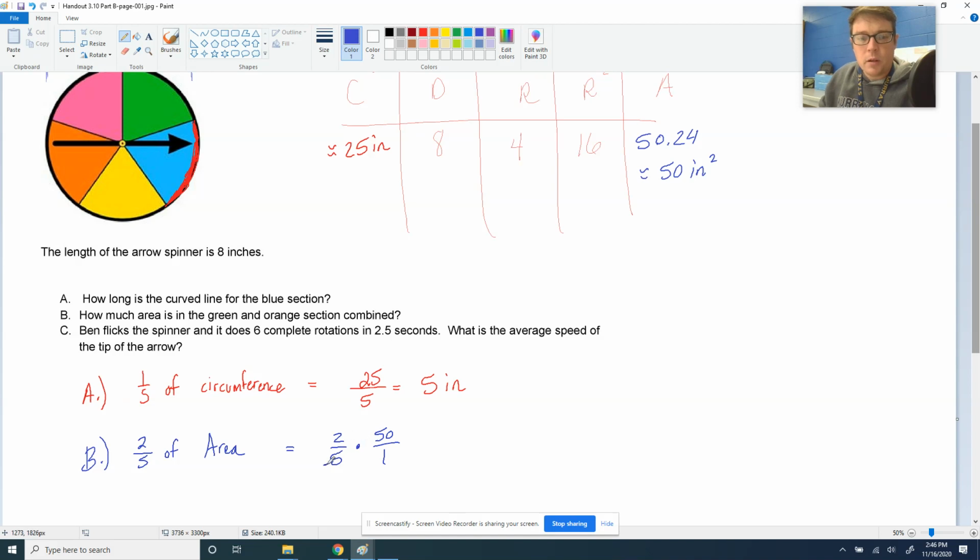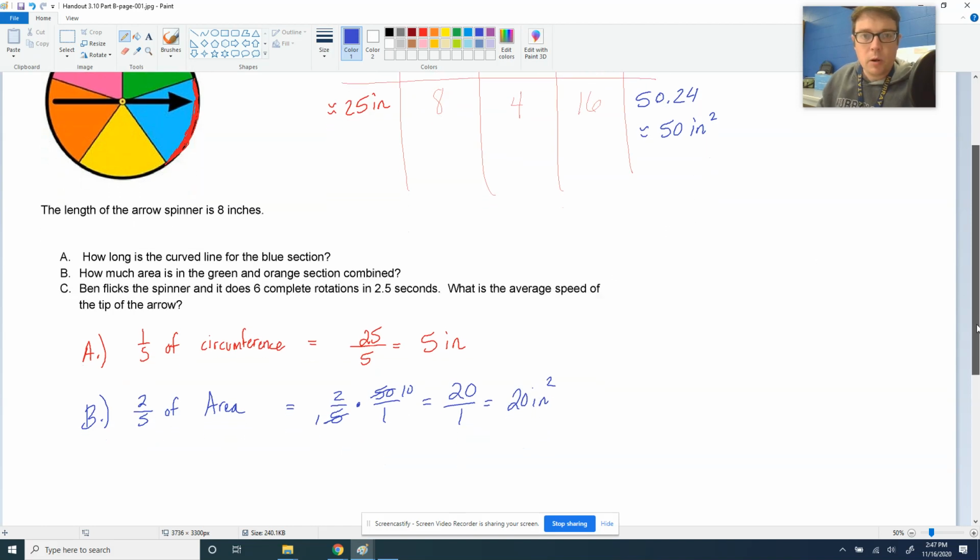And after a little bit of fraction work here, 5 goes into itself once and into 50 10 times. So about 2 times 10, or 20 over 1, or about 20 square inches would be our answer for part B. If the whole thing is 50, then 2 out of the 5 is 20 square inches. That makes perfectly good sense.